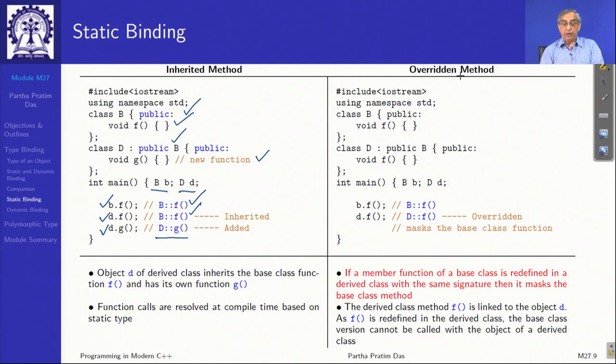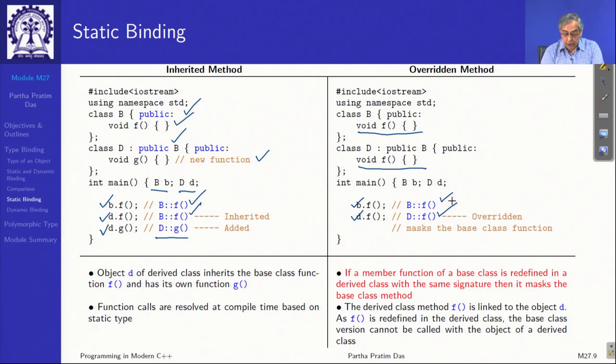If I use overriding, I have a function f in B, and in the derived class I have overridden the function f. So, if I do B dot f, this will call the B class function. If I do D dot f, then this will call the D class function, because I have overridden it. Right.